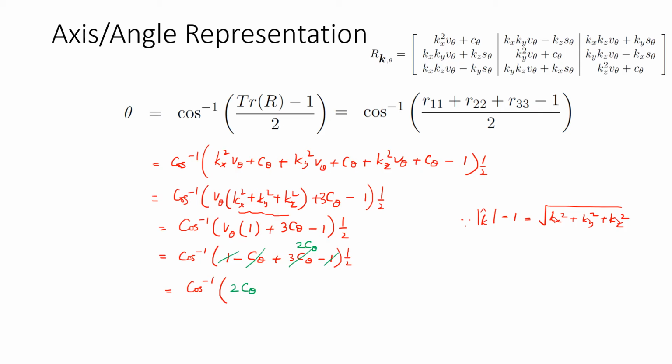Then you can take the 2 inside. So this 2 can be cancelled with this. And that would mean that you have cos inverse of cos of theta, which actually is equal to theta. So this is proved.